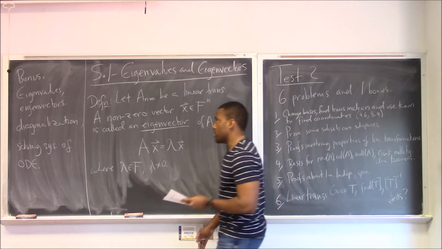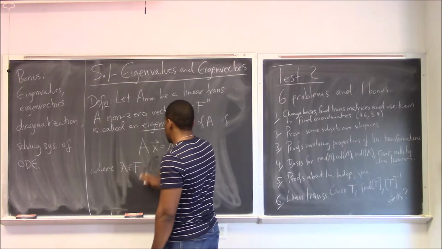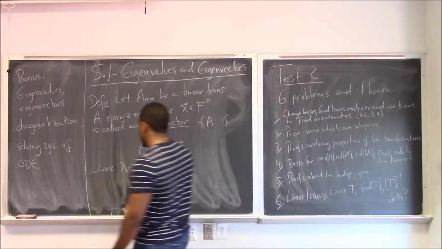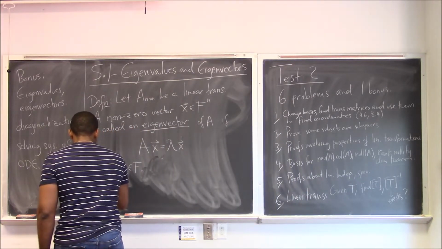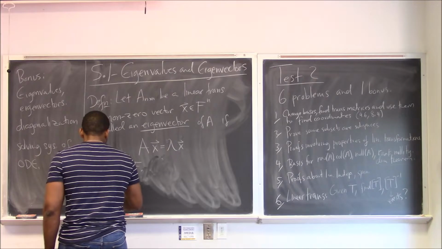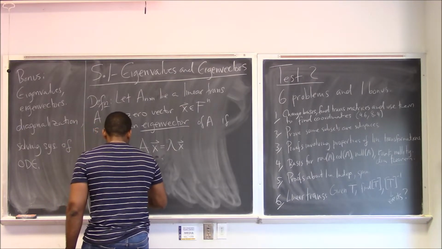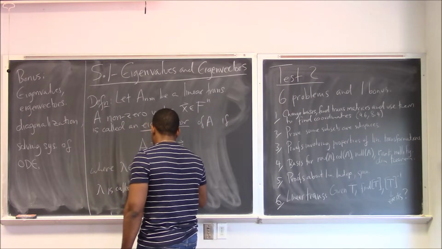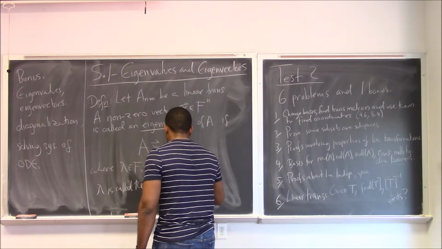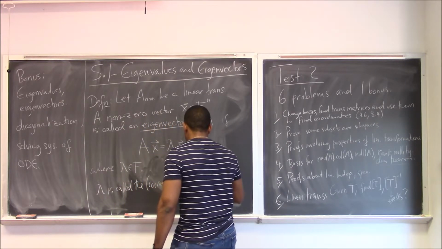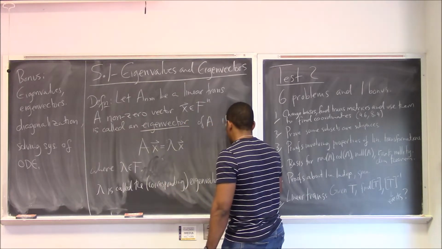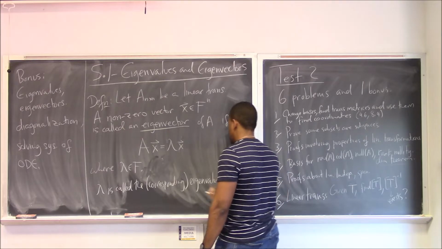I mean, it could be 0. There are theorems where we care about it not being 0. And by the way, lambda is called the corresponding eigenvalue of x.